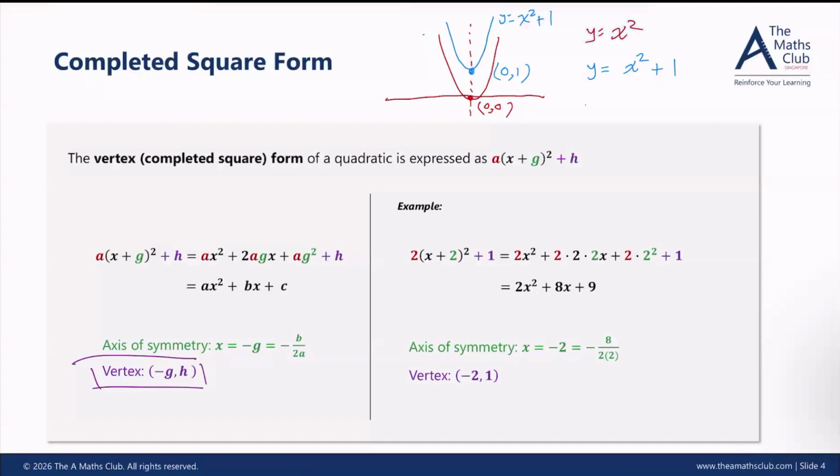Similarly, if you have y equals x squared plus h, and you sketch the parabola, you will find that the vertex will be 0, h. And the parabola goes up when h is positive, and it will go down if h is negative.